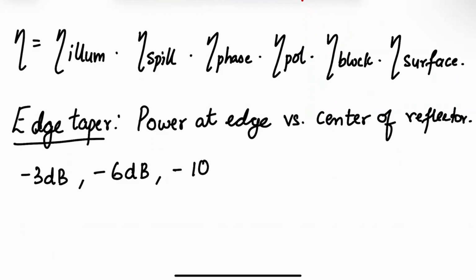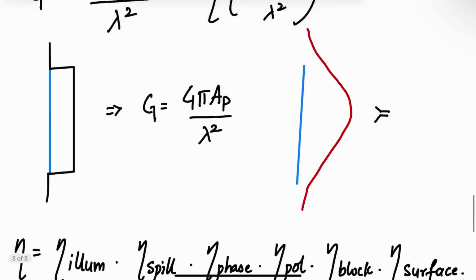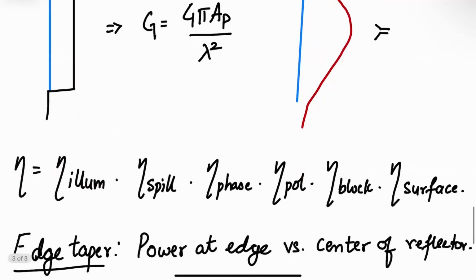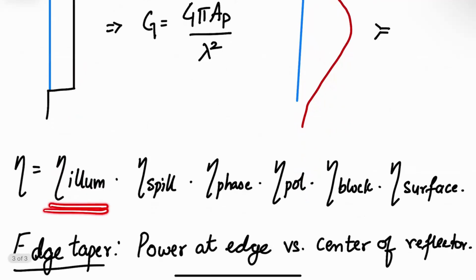Or -10 dB, which means the power at the edge is 10 dB lower than the power at the center. Okay, power density rather, and so on, right? So of course, if you have a step distribution like this, then the edge taper is 0 dB. Whatever power is here, you have the same power density out there. So when you have that case, then the illumination efficiency is 1.